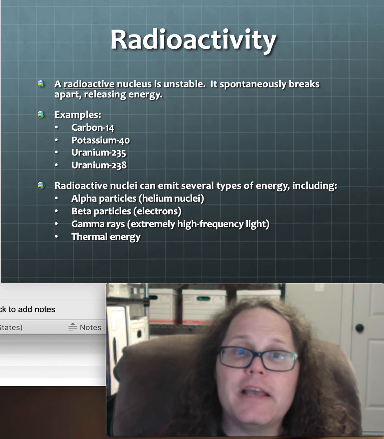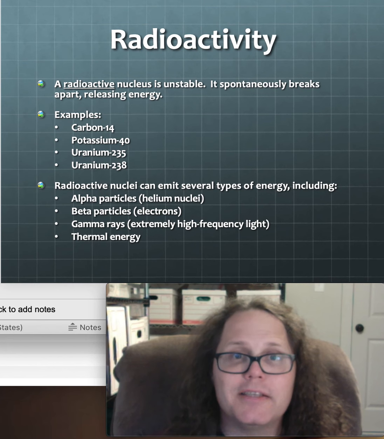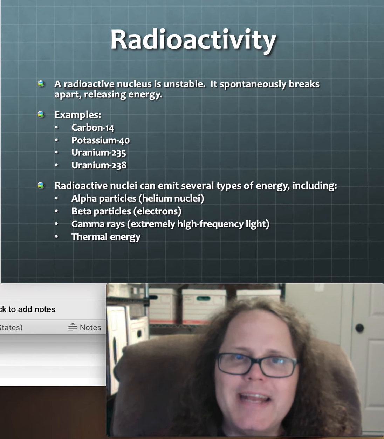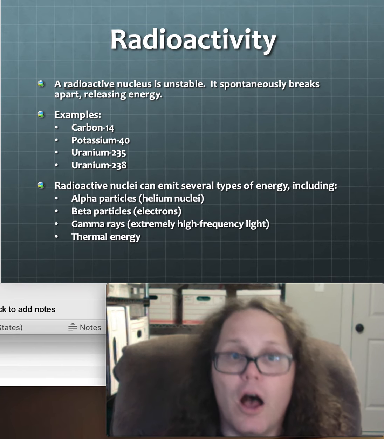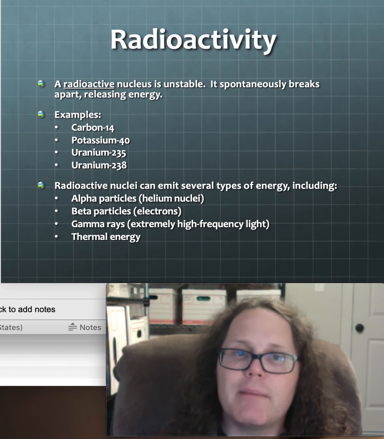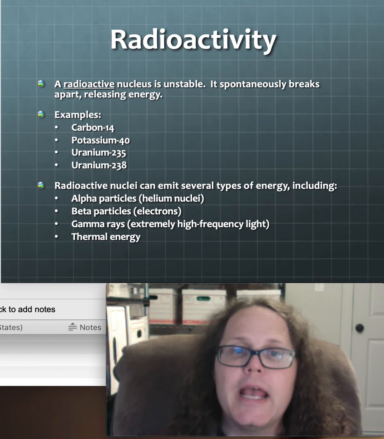Now we can finally come around to radioactivity. Some isotopes are radioactive. A radioactive nucleus is one that spontaneously decays or changes into one or more other nuclei, releasing energy in the process. For example, most of the carbon in your body is carbon-12, which is not radioactive.